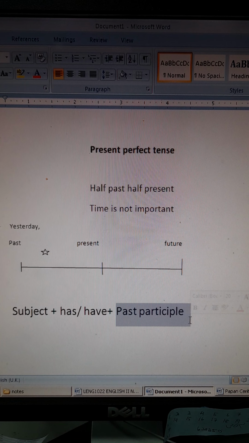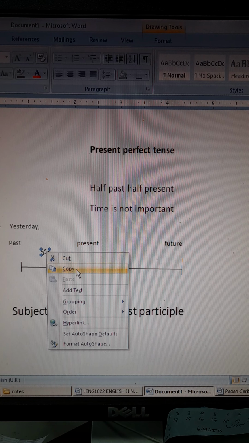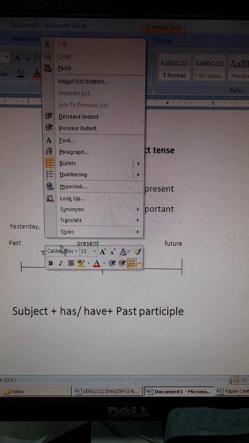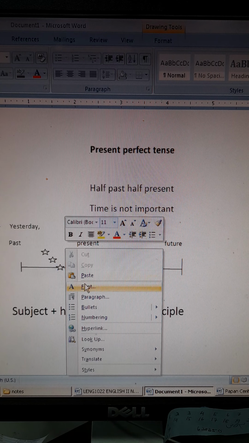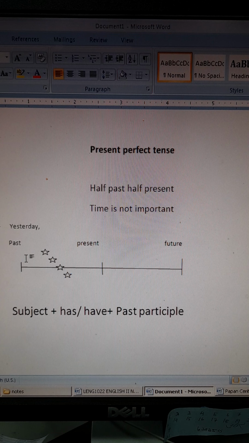Okay, why do we call it that? The reason why we call it half past and half present is because the actions done by us might happen at any time in the past. So it can happen here, it can happen there, at any time in the past before the present time.